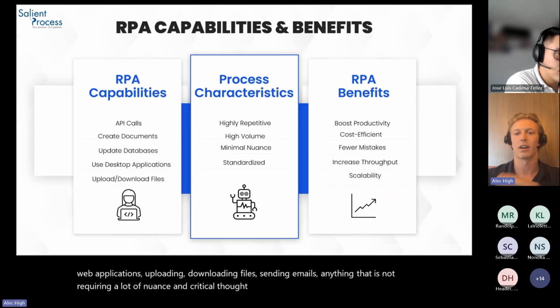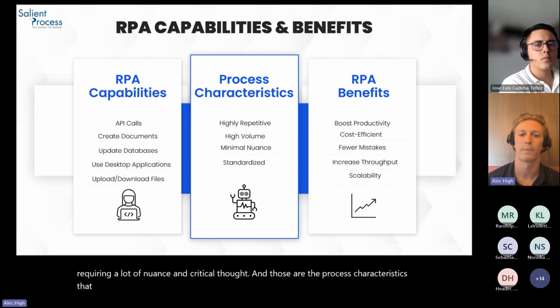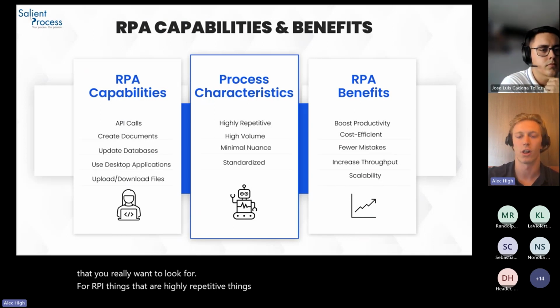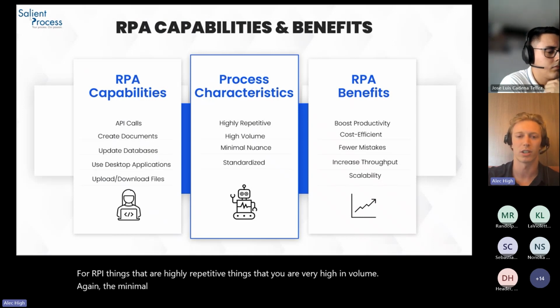And those are the process characteristics that you really want to look for with RPA. Things that are highly repetitive, things that are very high in volume, with minimal nuance, that don't require a lot of critical thought. And of course, things that are well standardized.